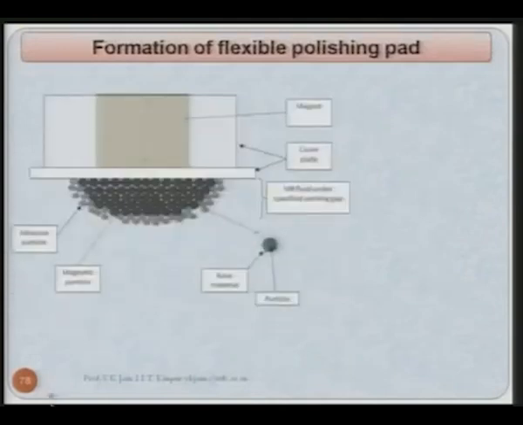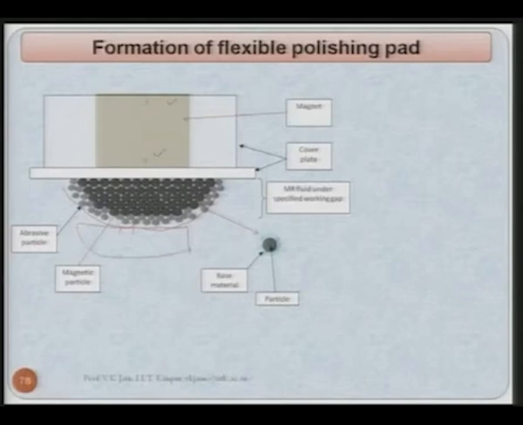And schematically you can show it here that you have the north pole and south pole of the magnet. The carbonyl iron particles or iron particles, they will get attracted towards the north pole because magnetic field intensity is higher. So, all the abrasive particles will be on the outer periphery of this particular brush, and here you are going to place the workpiece.